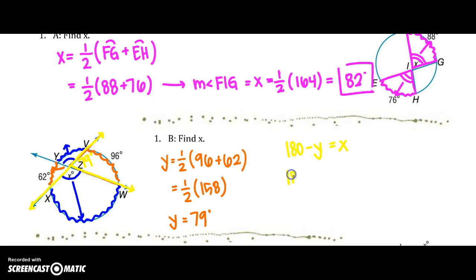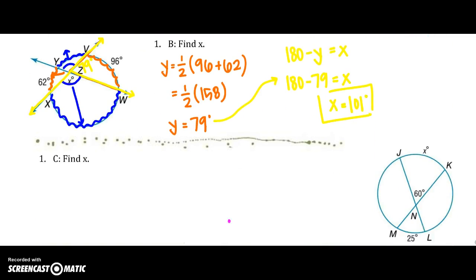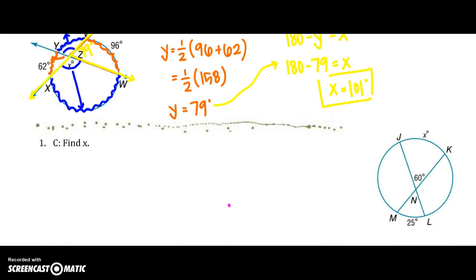So I'm going to take 180 minus that 79 degrees that I just found to equal x. So x is going to equal 101 degrees. Again, there's a couple different ways to go about it. That just seems to be the easiest for me to understand. Again, you could find a different way.